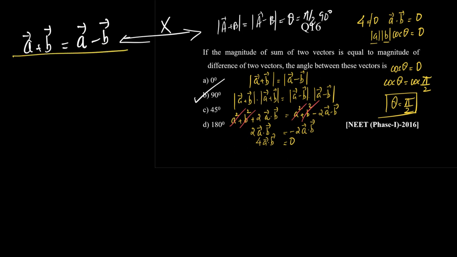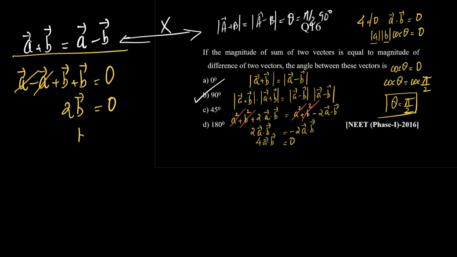This implies that vector a plus vector b minus vector a plus vector b is equal to 0, which means 2 times vector b is equal to 0. And this is possible only when vector b is equal to 0, or when vector b is a null vector.